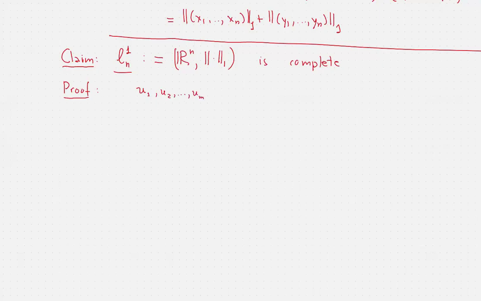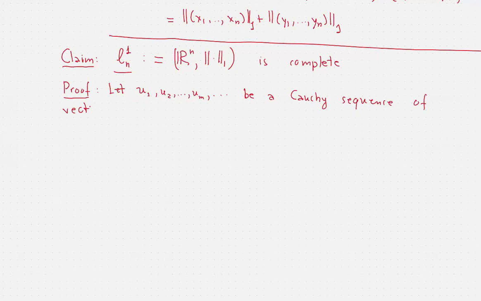So let it be a Cauchy sequence of vectors in L1n. Okay, so what does that mean?